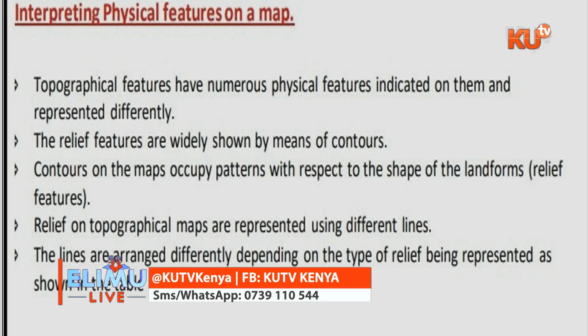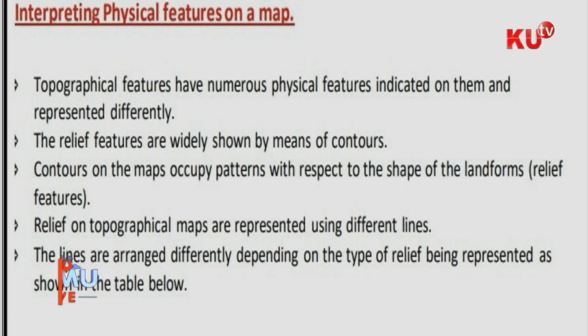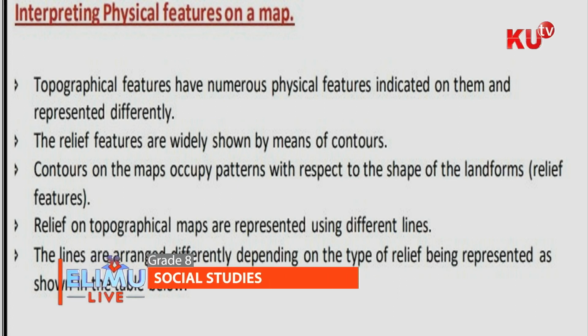And what are contours? Contours on a map occupy patterns in respect to the shape of the landforms. So, for us to represent physical features, we will use what we call contours. Contours are the ones we use to represent relief.